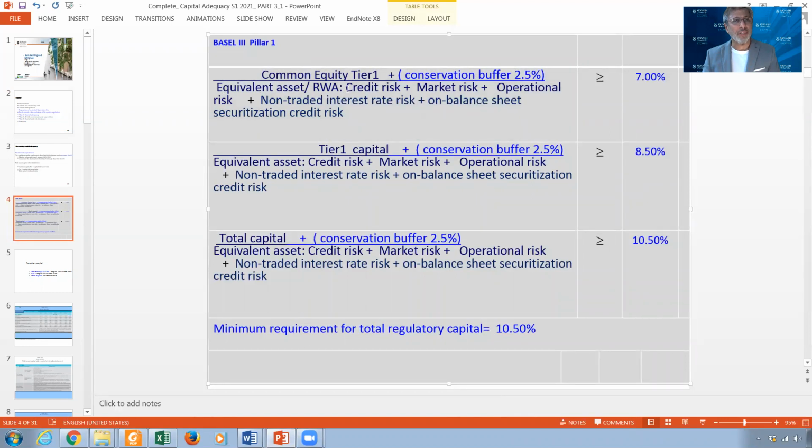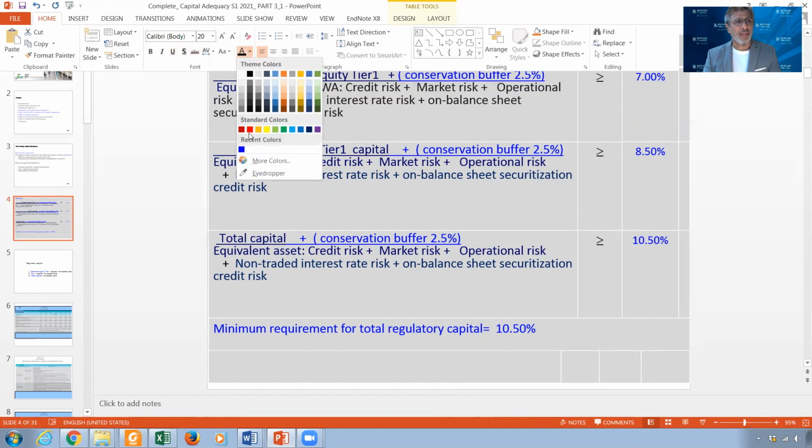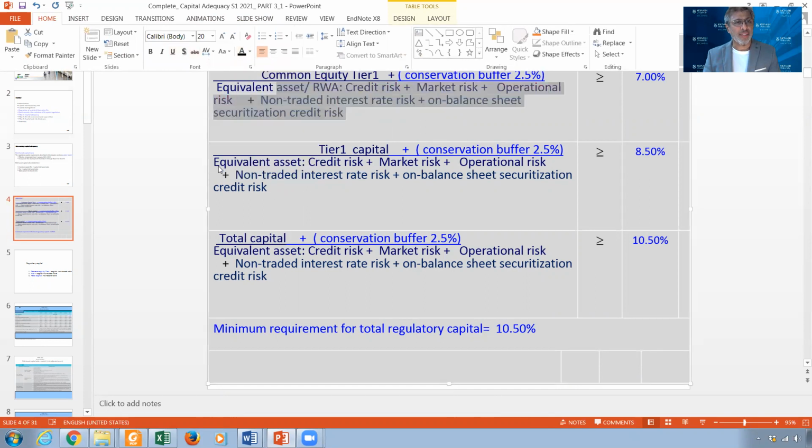It is the same denominator for all of them. If you look at this or this or this, it's the same thing.